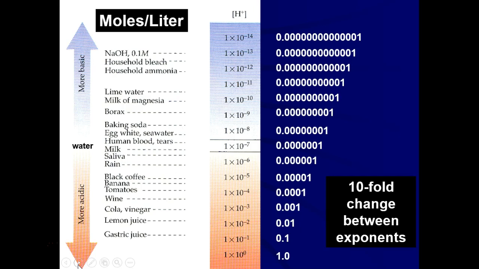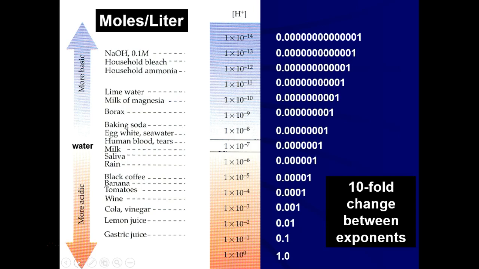Now, if you look, there's quite a few other things. For example, let's take a look at saliva. Turns out your saliva is also a little acidic. And for our cases, we're going to say our saliva has 10 to the minus 6 moles per liter of hydrogen ions.